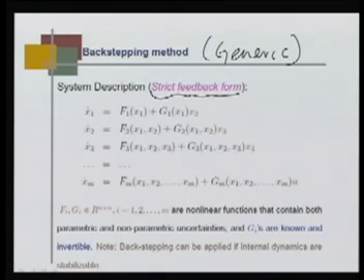The strict feedback form means x1 dot is f1(x1) plus g1(x1) x2. In the beginning, assume each element is simply a scalar differential equation. So this is a scalar, this is a scalar, and x2 is also a scalar. Similarly, x2 dot is f2(x1, x2), again a scalar function, plus g2(x1, x2), another scalar function, times x3.